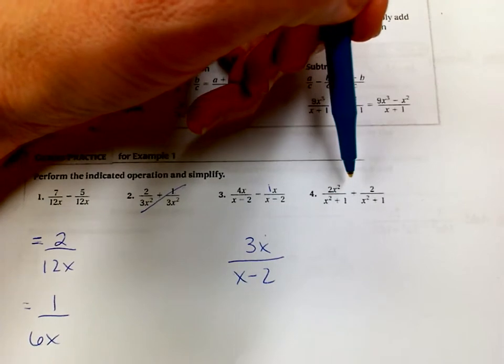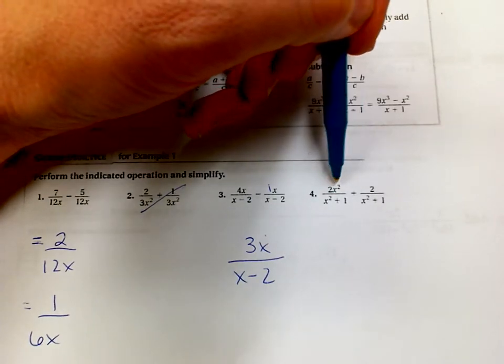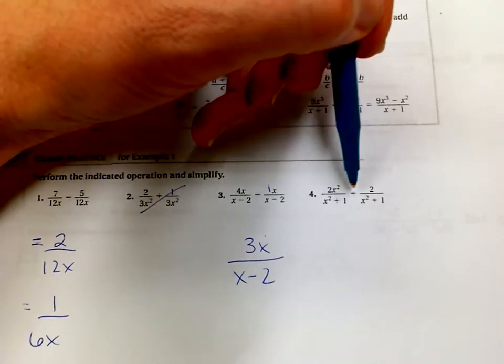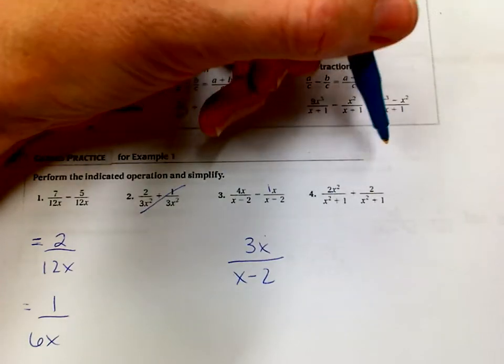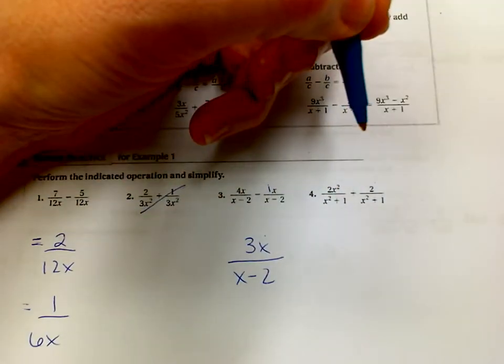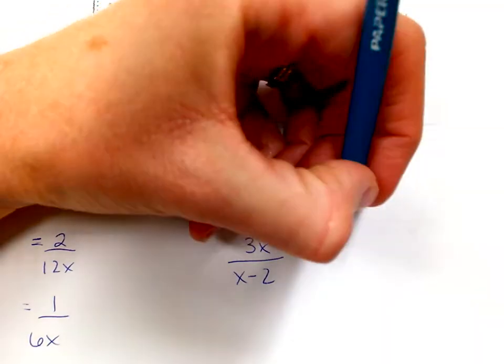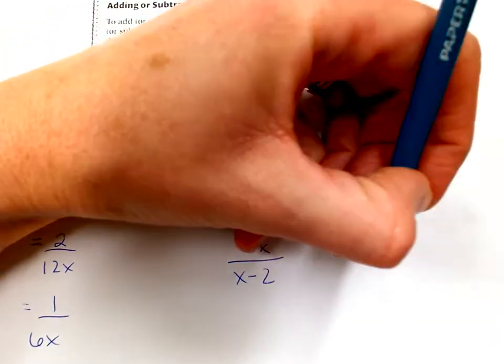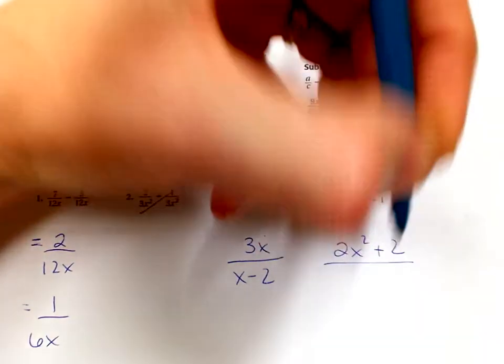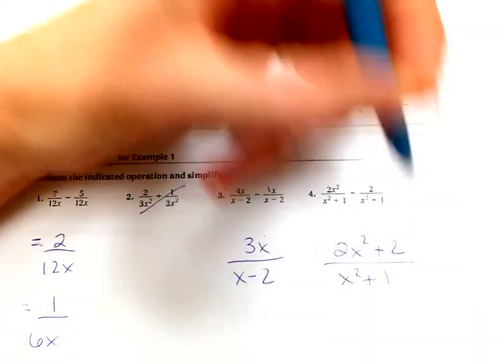If we come over here to example number 4, we have 2x squared over x squared plus 1 plus 2 over x squared plus 1. Now, even though the terms in the numerators are not like terms, we can still write this as one fraction as 2x squared plus 2 all over the common denominator x squared plus 1.